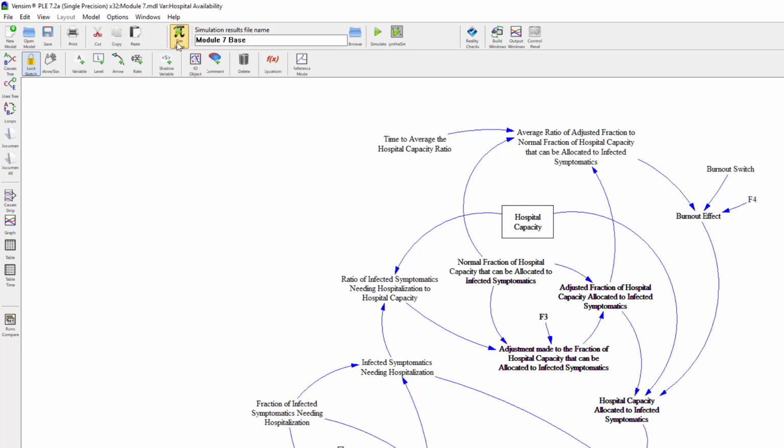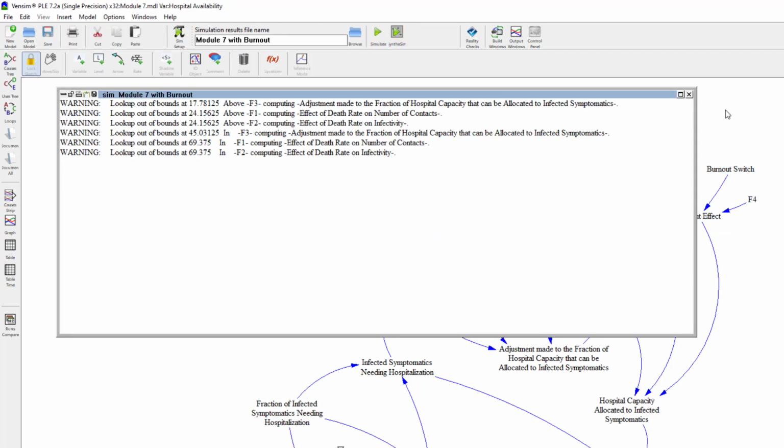You can even run the simulation with changing this burnout switch from 0 to 1. Okay, let's see what happens if we change it to 1. Model 7 with burnout. Okay, simulate.